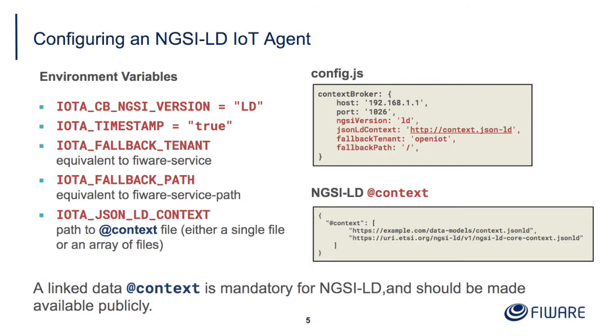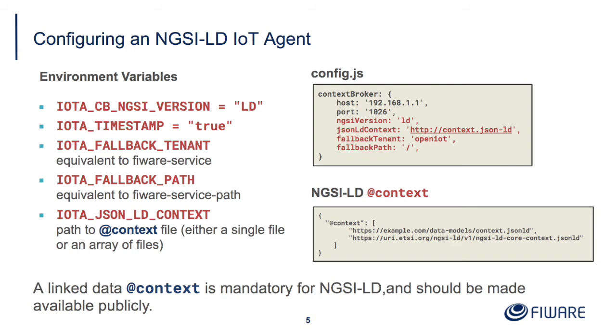Okay, so NGSI agents. Configuring an NGSI-LD agent is very, very similar, as you would expect, to considering a normal NGSI v2 agent. There are up to 4 additional parameters which are required. Some of them are mandatory, but others you might or might not need.